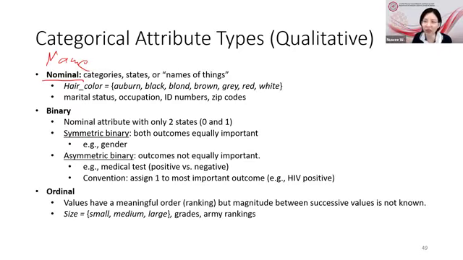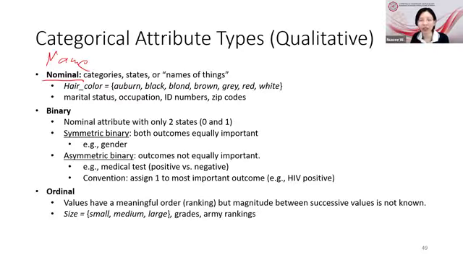It's just categories, right? So marital status, single or married, occupation, ID numbers, or zip codes, these are nominal. A special case of nominal is when you have 2 states that can be encoded as 0 or 1. This is binary. So binary is a nominal attribute with just 2 states.